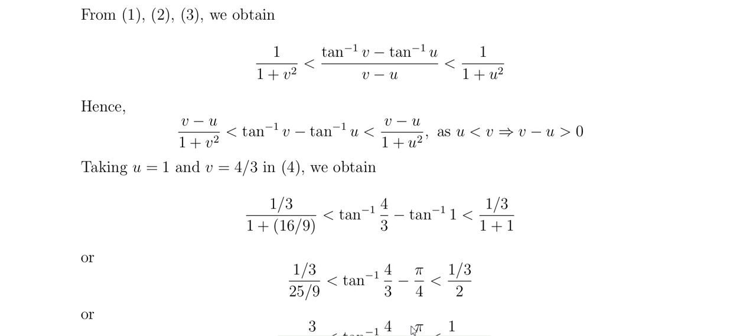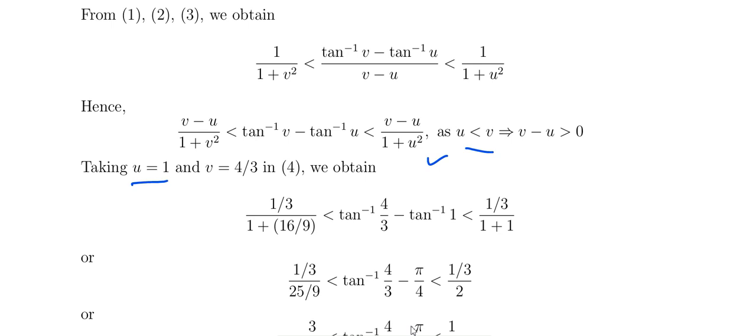Okay, so this is 1 by 1 plus v square less than 1 by 1 plus c square, அதனுடைய வேல்யூ இது less than 1 by 1 plus u square. So when you cross multiply, we get the output with v minus u greater than 0.